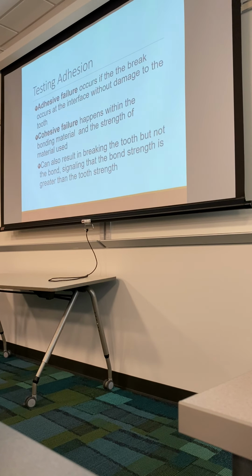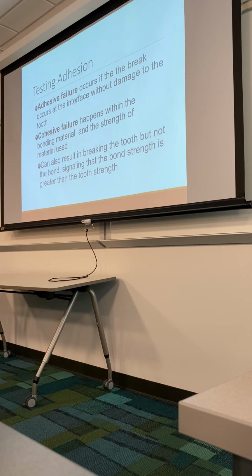Okay, so adhesive failure occurs if the break occurs at the interface. So it doesn't damage the tooth, it comes off clean. Cohesive failure happens within the bonding material and what you're trying to glue to that. Does that make sense? Cohesive, two things.